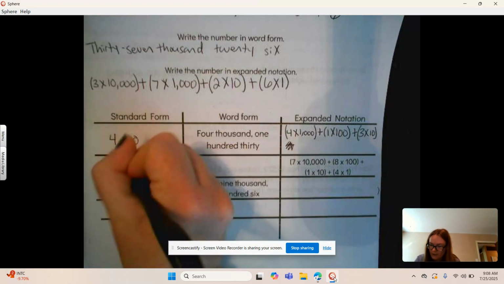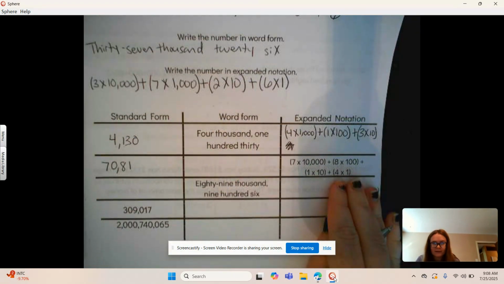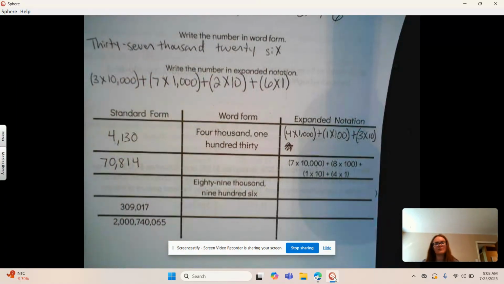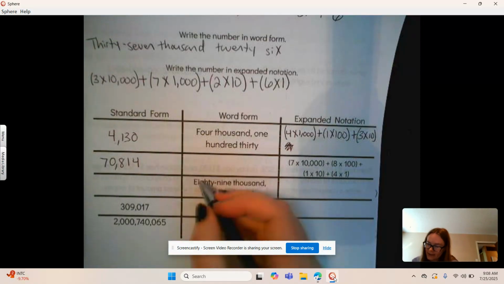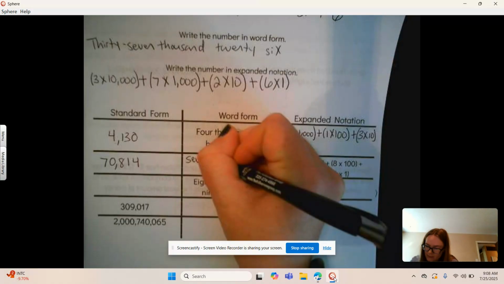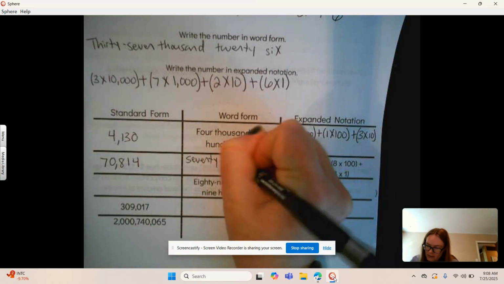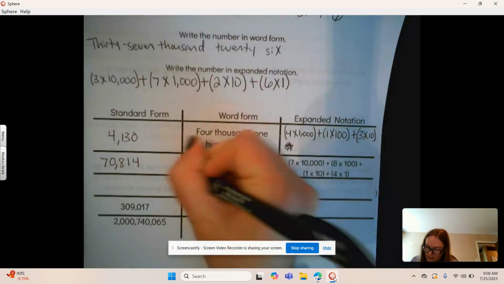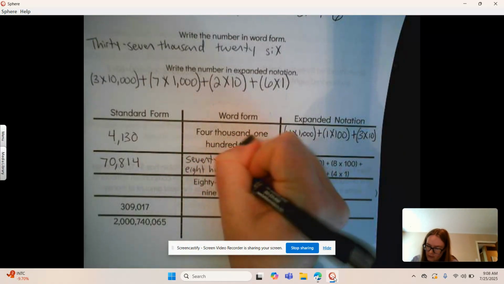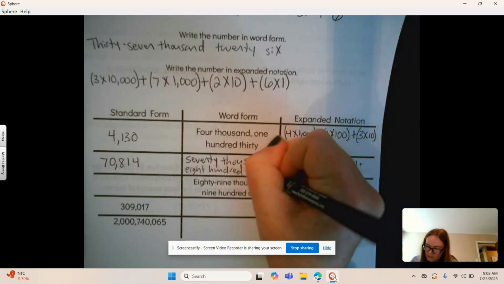Yes, we're going to put a 1. And finally, do we have any ones? Yes, we're going to put a 4. So this number is 70,814. Let's write that in words. 70,814.